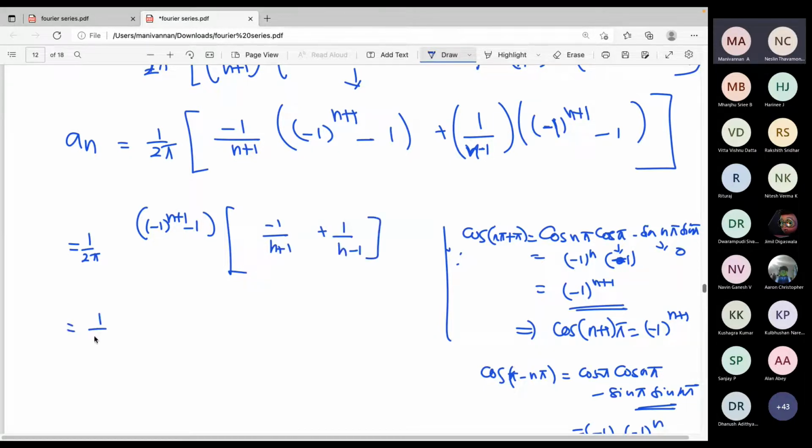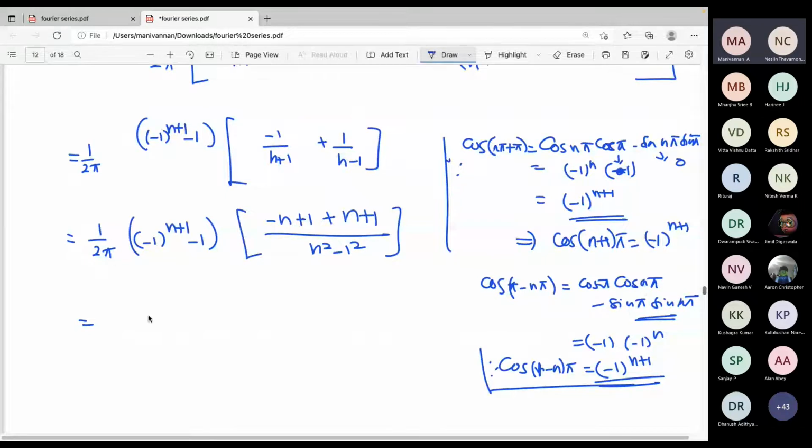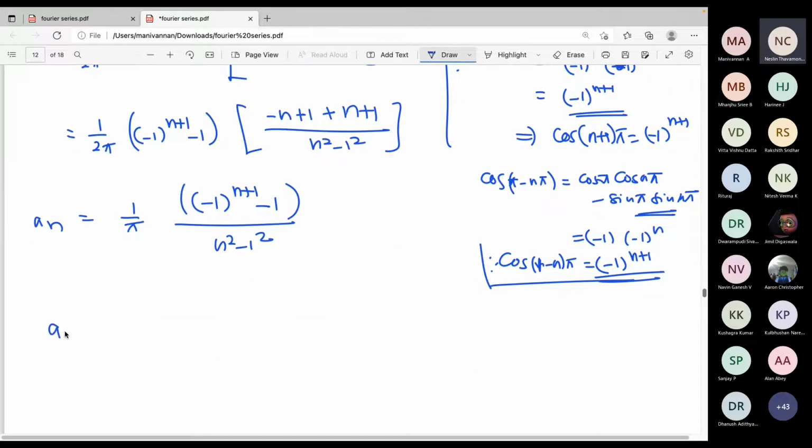So 1 divided by 2 pi, minus 1 to the power n plus 1 minus 1 into this, taking the LCM, minus n plus 1 plus n plus 1 divided by n square minus 1 square. So in the numerator it is 2, then that 2 and this 2 will get cancelled. So 1 divided by pi, minus 1 to the power n plus 1 minus 1 upon this n square minus 1. So this is my an.